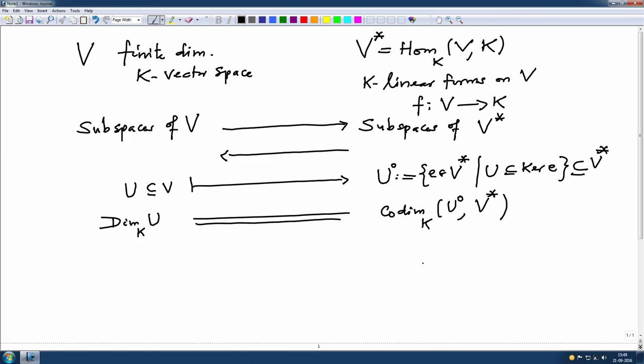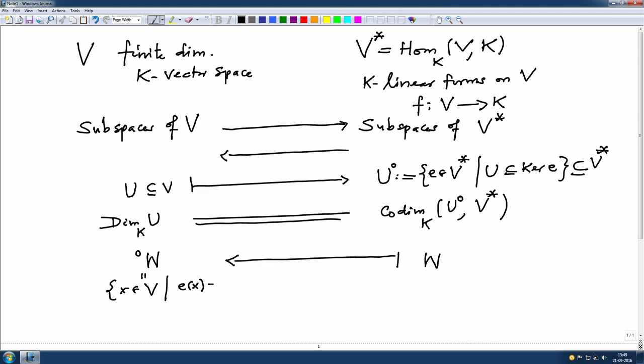The inverse is: take any subspace W of V star and map it to W left circle, that is by definition all those vectors x in V such that every linear form in W vanishes on this x.